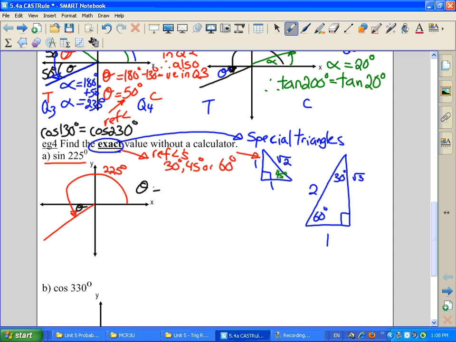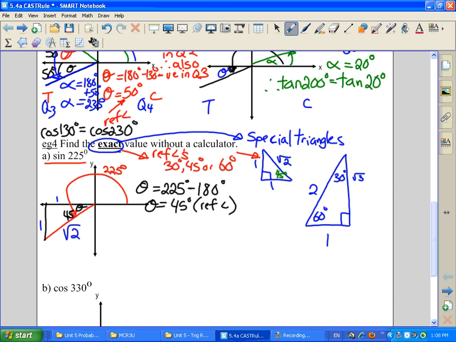So theta equals 225 degrees, subtract 180 degrees, and you will find out that that theta equals 45 degrees, and that's your reference angle. So once we know 45 degrees, ladies and gentlemen, we can then basically do a triangle here. Okay, 45 degrees is that angle, and we can set up our dimensions, which is 1, 1, and root 2. And we can use that to help us find what's called the sine of 225.